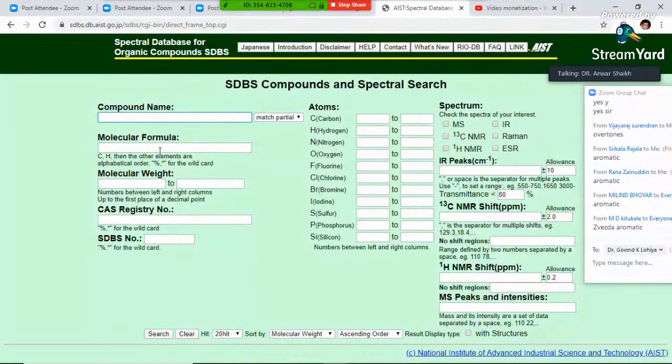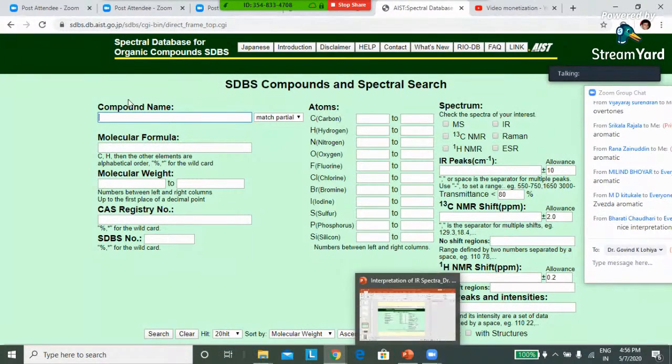You have to use this data as a reference only, not for copy pasting and using for your research purpose. You can find your compound with the help of molecular formula, name, molecular weight, the chemical registry number, or the SDBS number.